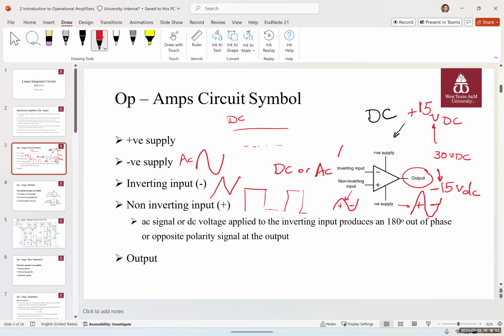But if I give the input to the inverting input, the output would be 180 degrees out of phase, meaning if this is positive, here it will be negative. If it's negative, it's going to be positive. So you're going to flip the signal. So the inverting input inverts the signal. The non-inverting input keeps the signal in the same phase.